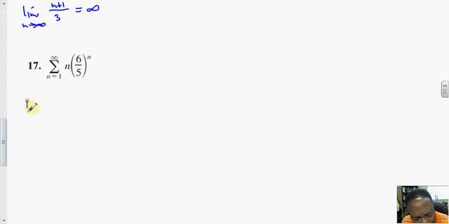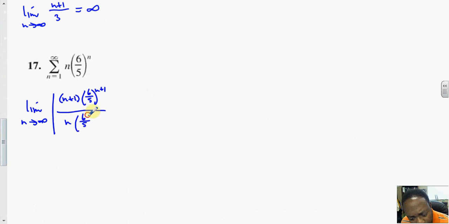Consider this one, the limit as n goes to infinity of the absolute value of n plus 1 times 6 over 5 to the n plus 1 divided by n times 6 over 5 to the n. So we simplify this.